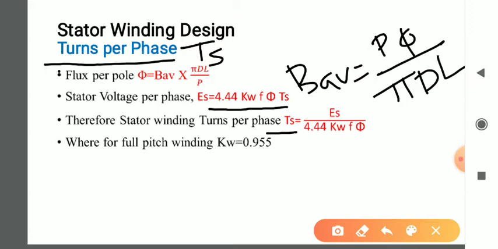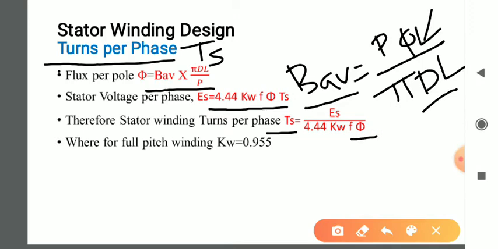and the Bav is usually given in the example, and if it is not given, we have already discussed how to assume it. D and L are the main dimensions, so once we calculate the main dimensions we can go for the Ts calculation. From this equation, phi = Bav pi D L / P. Using this equation we calculate the phi value, and then put this phi in the equation.